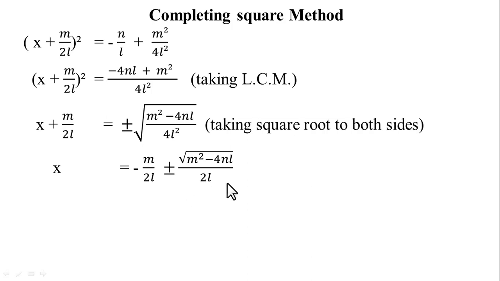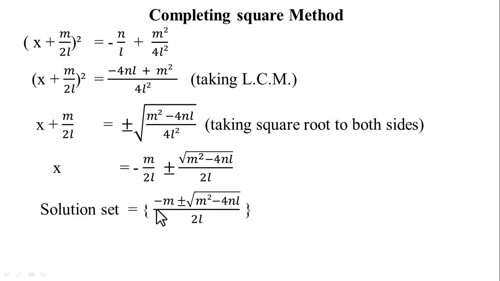Here both terms have the same denominator 2L. Then we write that in the form of minus m plus minus the square root of m square minus 4nL divided by 2L. So the solution set of the required equation is minus m plus minus the square root of m square minus 4nL, divided by 2L.